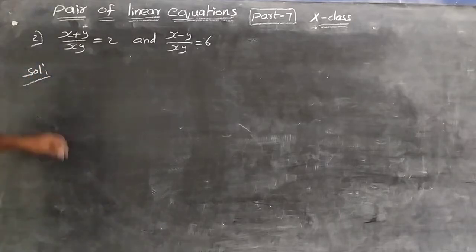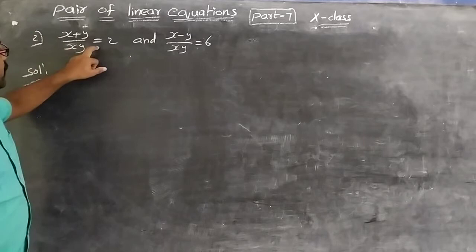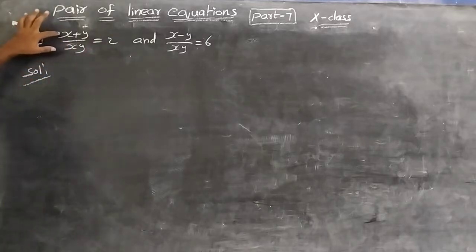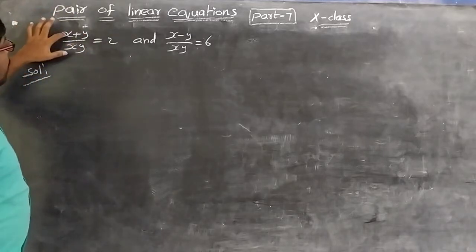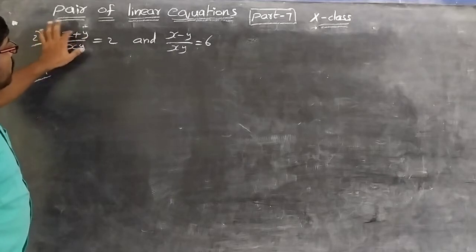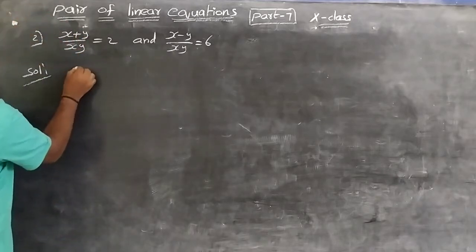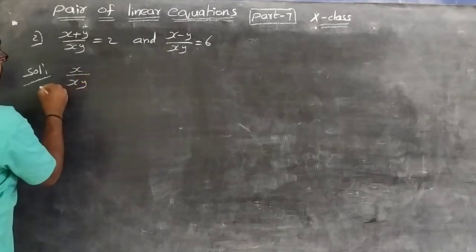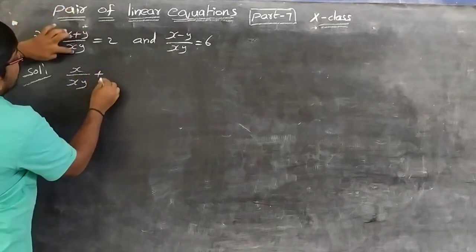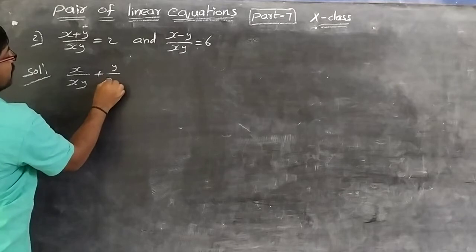Yes, observe carefully. (x plus y) by xy is equal to 2. So it can be written as (x plus y) by xy. Now separate the denominator for both terms: x by xy plus y by xy. Right?